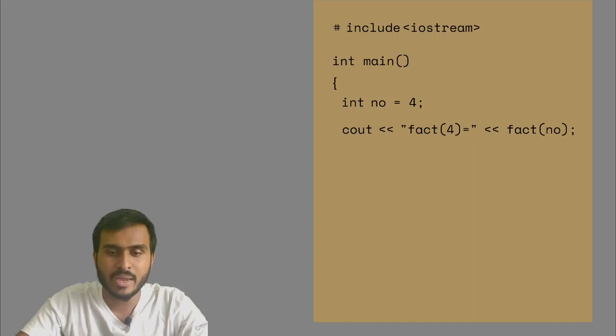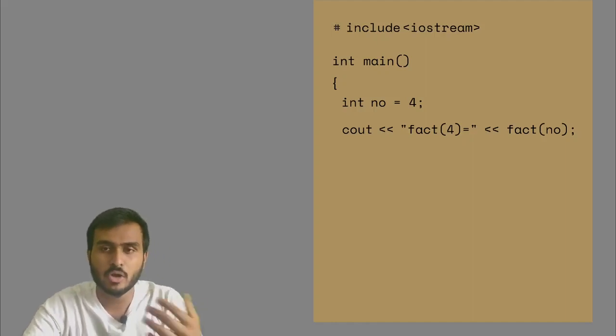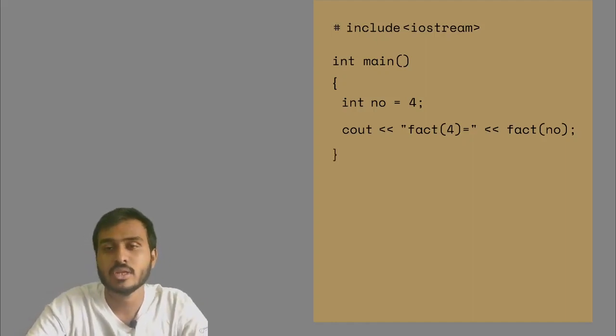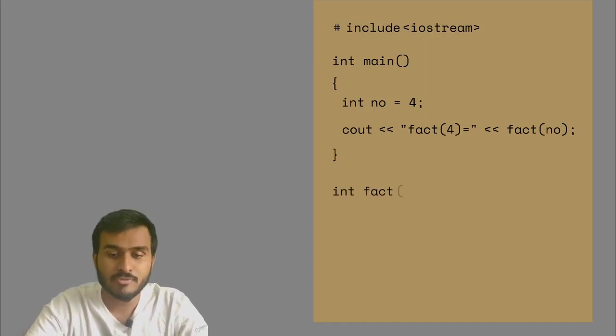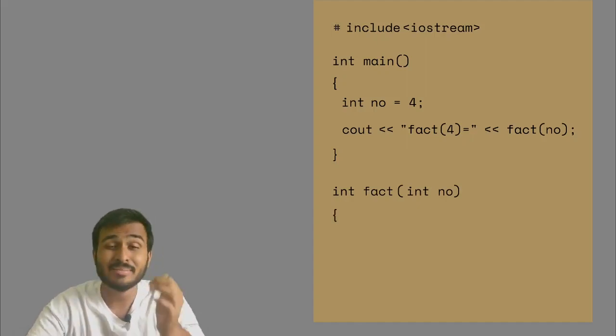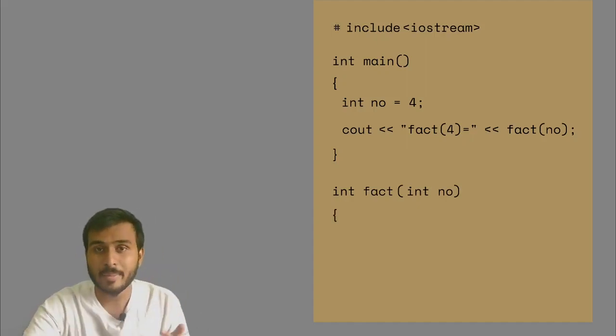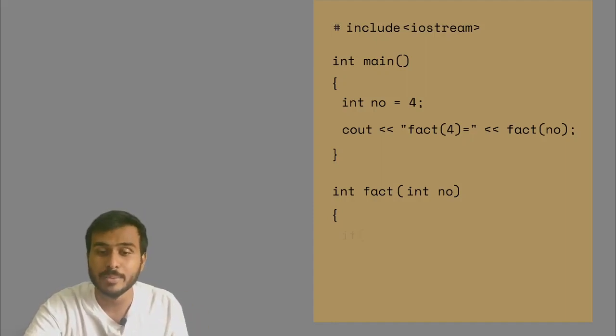Okay, so we have the main function. Now in the main function we are calling the fact function and we are passing number to it as the input. Now what is the body of the fact function? It is taking one argument, that is number. Remember the mathematical expression that I just wrote on the whiteboard; I am writing the same function accordingly.